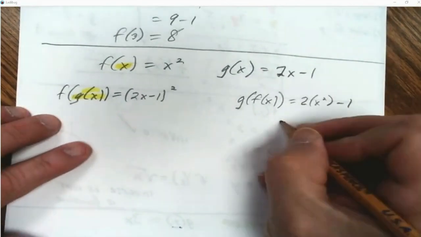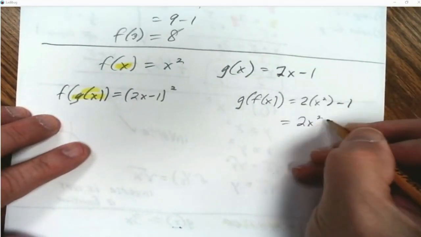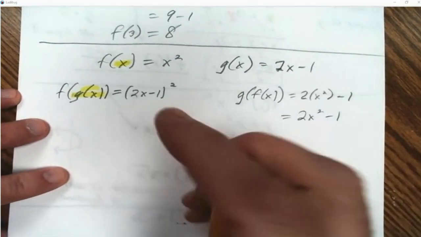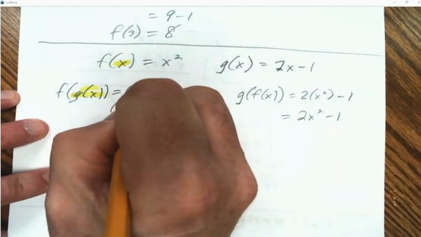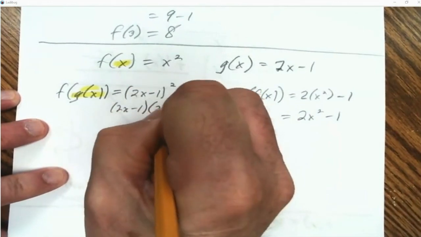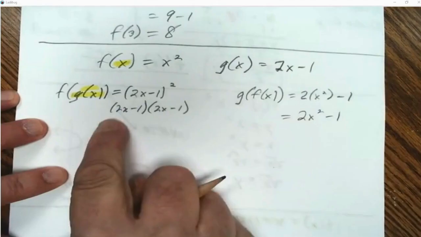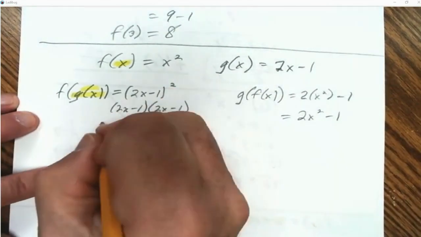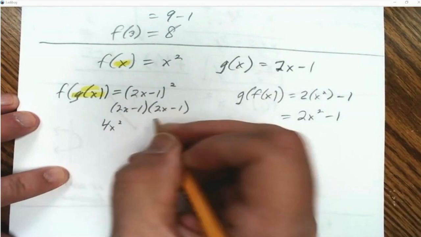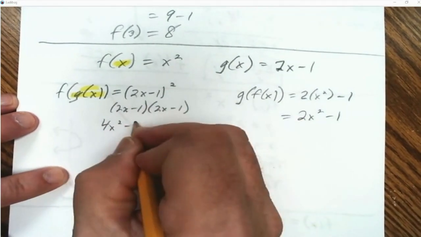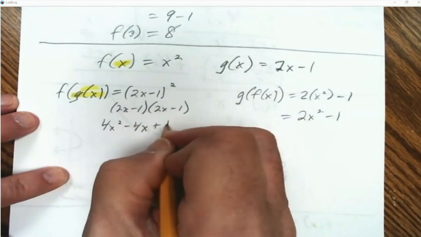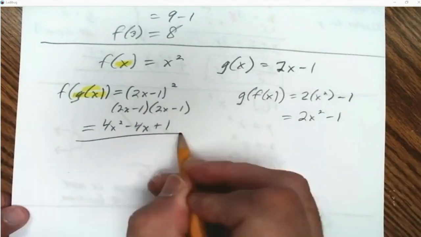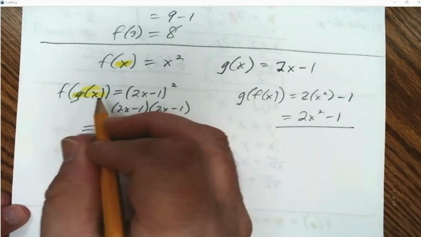We can get rid of that parentheses. Is that the same as this? No, because this is 2x minus 1 times 2x minus 1, right? Because it's squared outside. So this is 4x squared minus 4x plus 1 when we multiply those together.